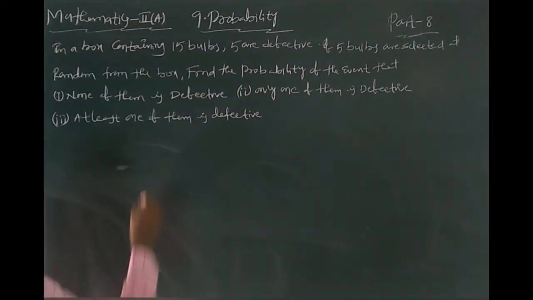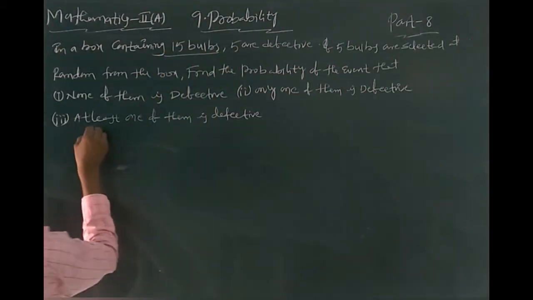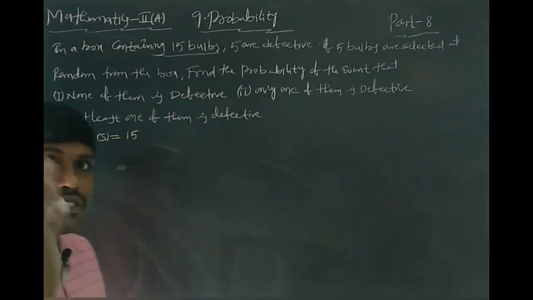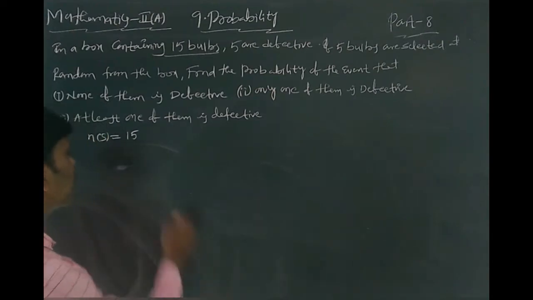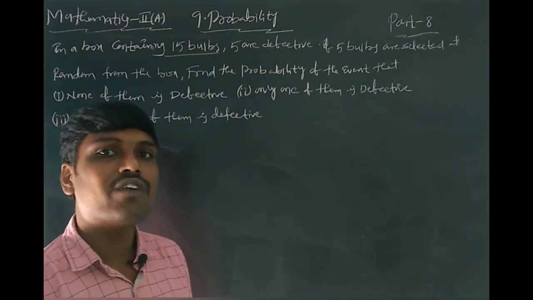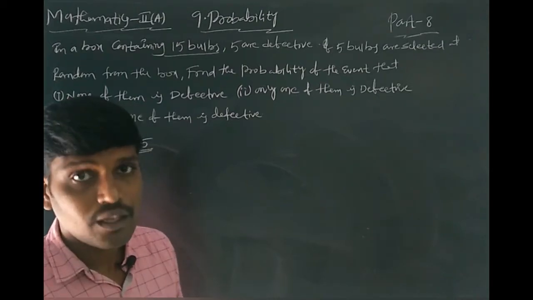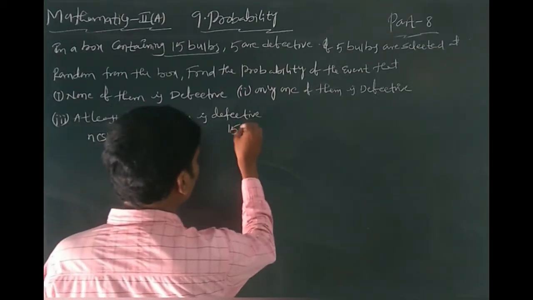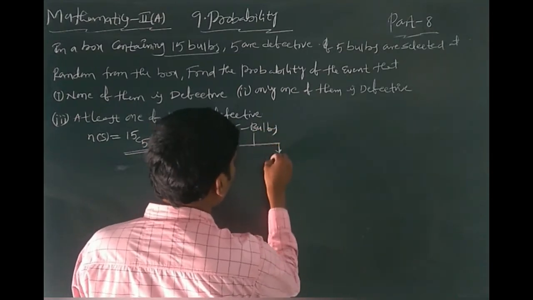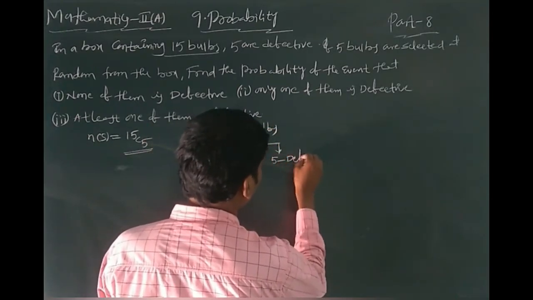First of all, see students, how many total bulbs are here? Total bulbs are 15. In these 15 bulbs, you have to select 5 bulbs, that is 15C5, the total possible ways. In these 15 bulbs, 5 bulbs are defective.